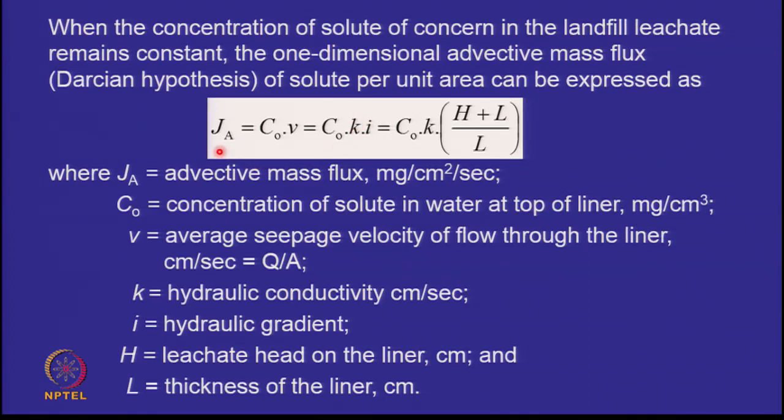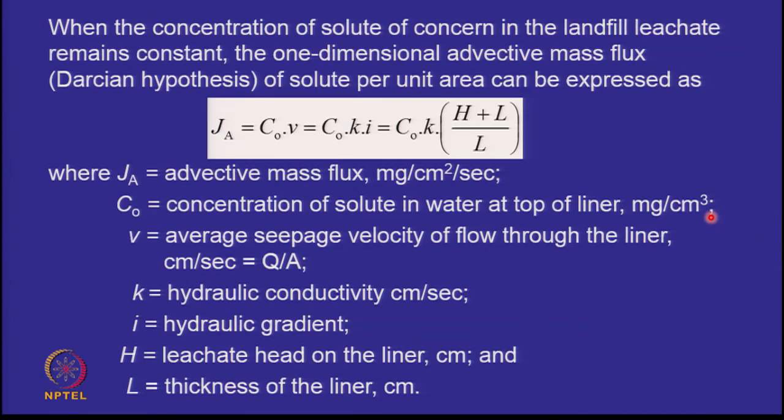So the advective mass flux in milligram per centimeter square area per second is Ja is C naught into V, please note this down, which becomes C naught into Ki, and which becomes C naught into the (H plus L) over L. So just note down this formula. And please be consistent with your units: milligram per centimeter square per second, milligram per centimeter cube.